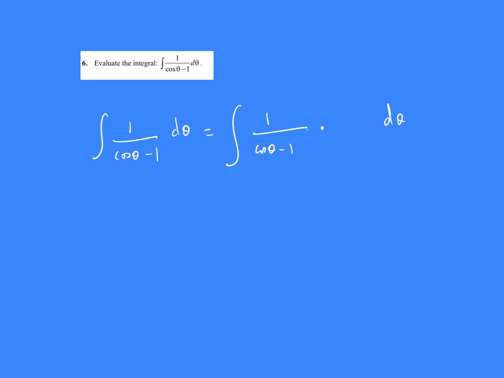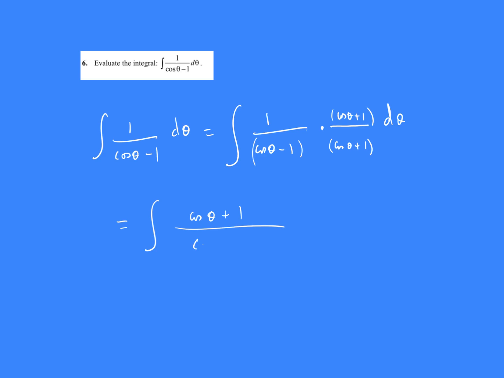I will multiply by cosine of theta plus 1 over cosine of theta plus 1. In this way, I have not altered the integral. So this is the integral of cosine of theta plus 1 divided by a minus b, times a plus b, which is a squared minus b squared.